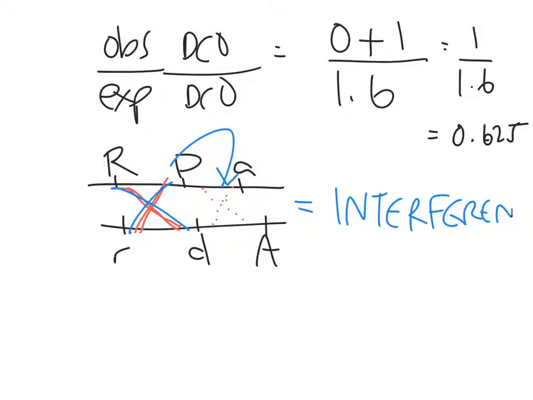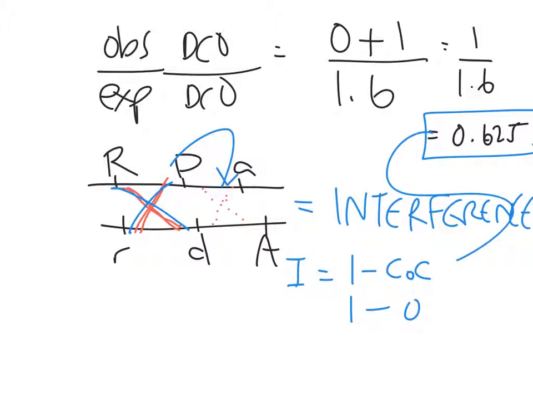And that's why we think about these numbers as reciprocals. If you want to know what the interference value is, it's one minus the coefficient of coincidence. So the interference likelihood is 1 minus the value we just calculated.